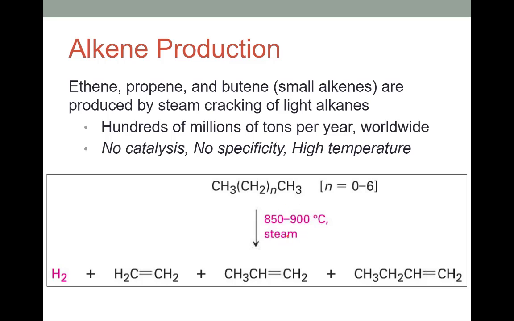High temperature steam will bust up those molecules into all sorts of things, including ethene and propene and some butene derivatives. So this is an indiscriminate process, very high temperature, no catalysts, no fancy specificity, just high temperature, busting apart hydrocarbons and letting the electrons land where they may.